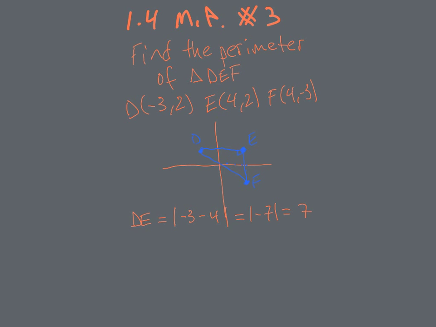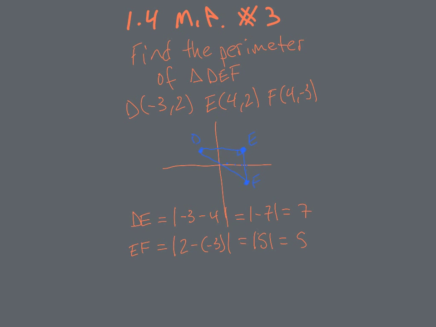And then EF, well, that's going to be equal to the absolute value of 2 minus -3, which is equal to the absolute value of 5, which is just 5.